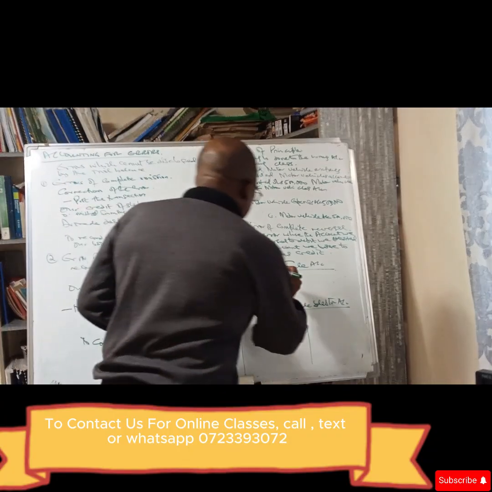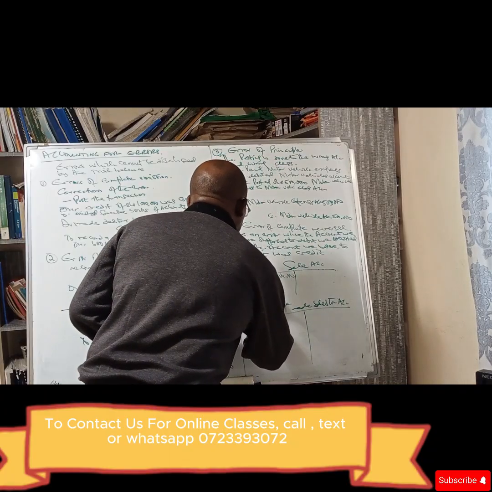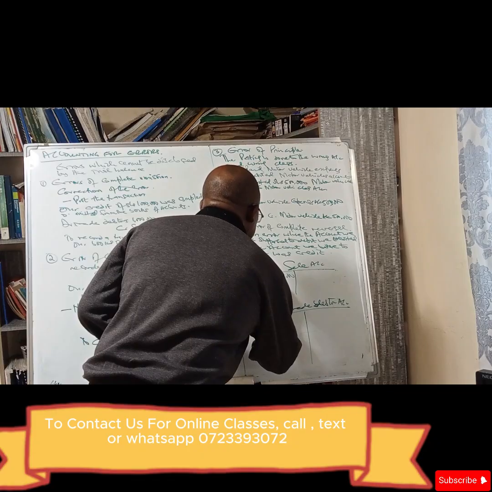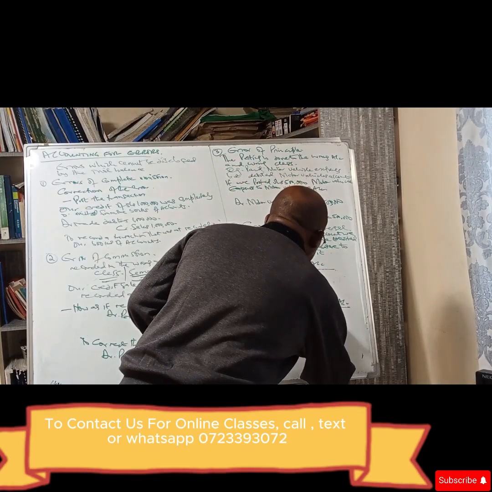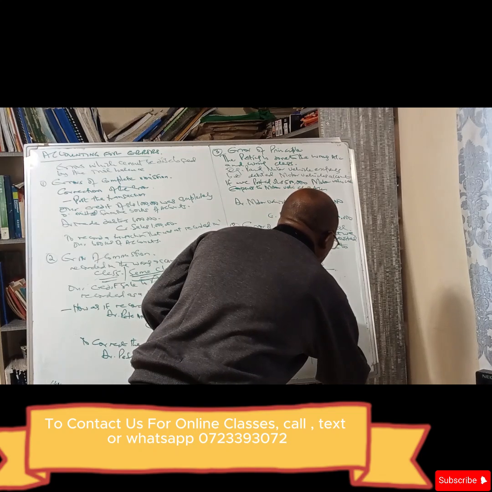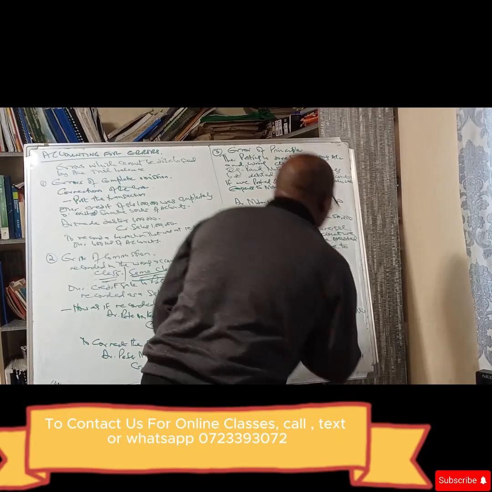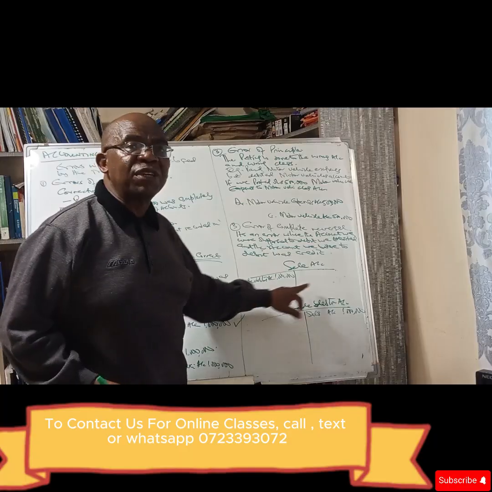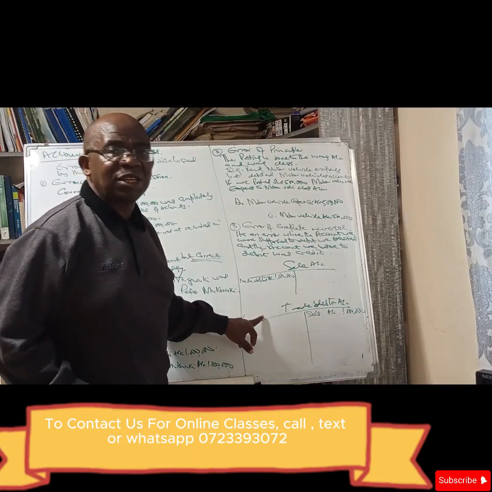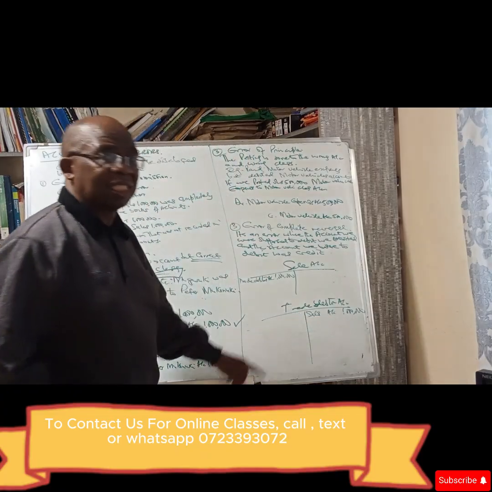So we debited sales with 1 million shillings, and we credited the trade debtors account with sales of 1 million. Now, we are reducing sales instead of increasing sales. And here we are reducing debtors instead of increasing debtors.